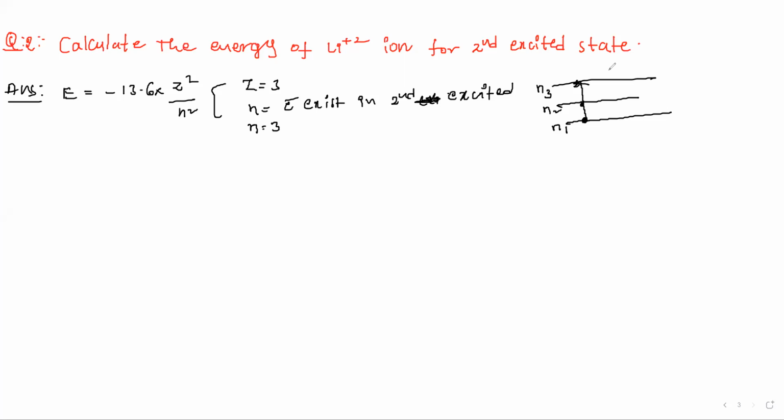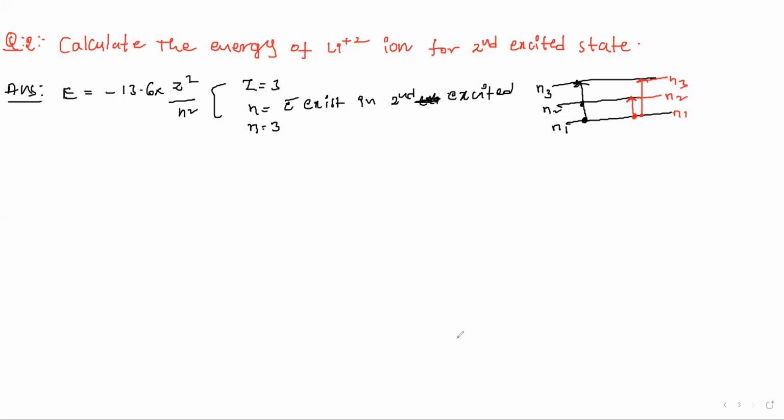Did you understand? Actually, the lithium electron at the start is in the ground state. First excited state means the electron goes to the next level orbit. Second excited state means the electron goes to the second level orbit. That means this is the ground level, N is equal to 1, this is the first level, N is equal to 2, and this is the second excited state, N is equal to 3.